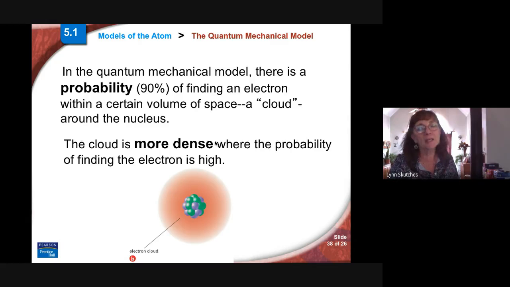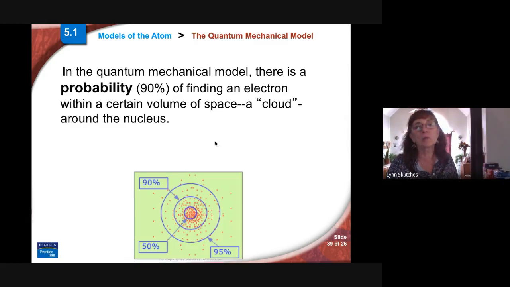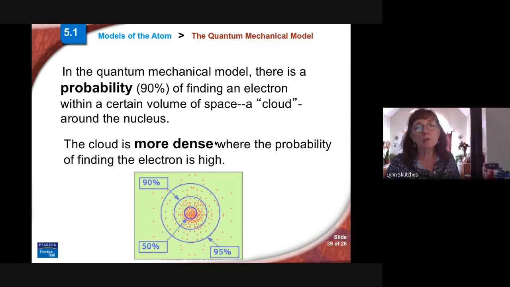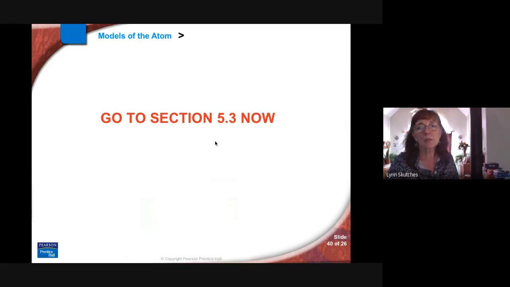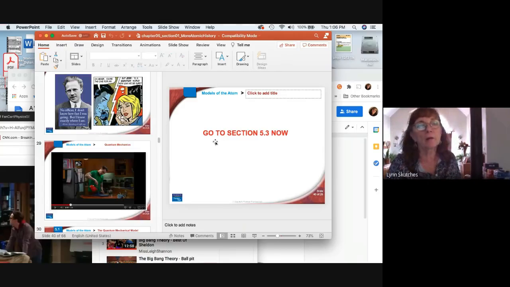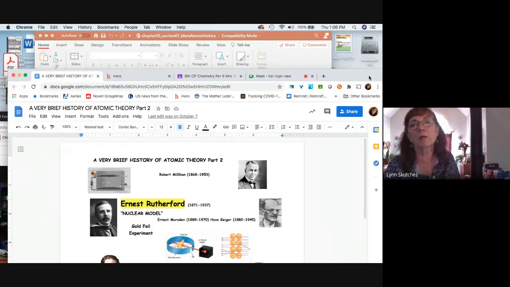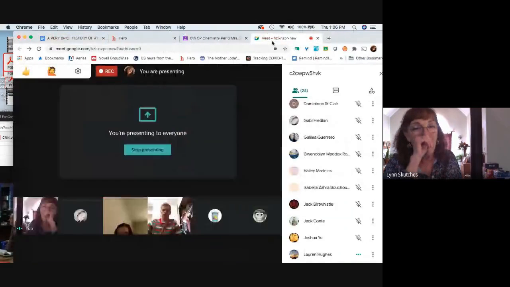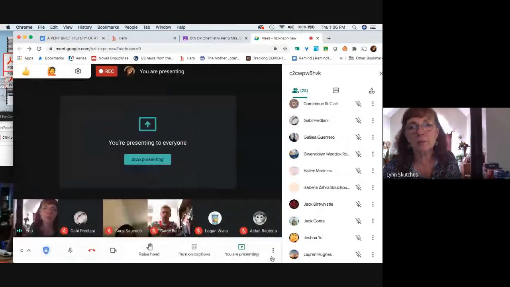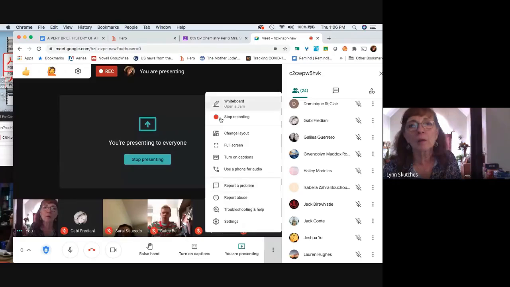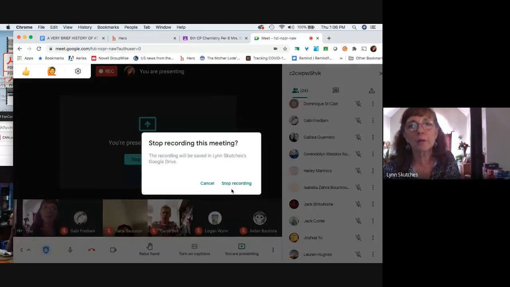Again, the denser the cloud, the more likely you are to find electrons closer to the nucleus. It's just another representation with a bullseye kind of thing. All right, so that ends our introduction to the modern model of the atom. I'm sure it is more than enough for one day for your brain.